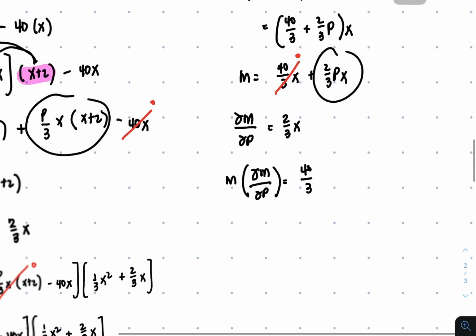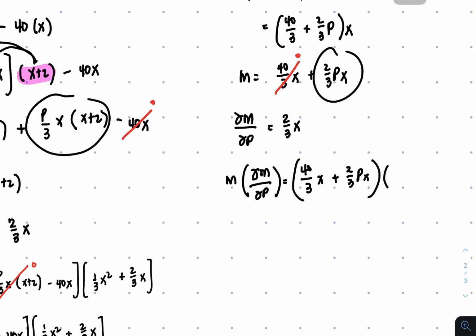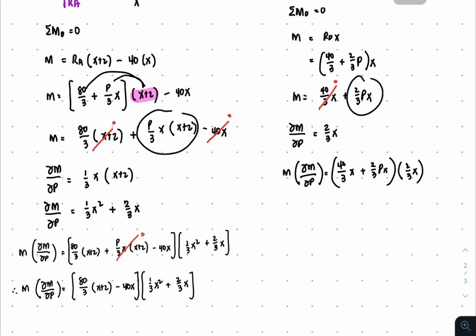Okay, so that's 40 over 3x plus the 2/3 Px. So that's the M times 2/3 of x, for that is the partial derivative. So here we're going to set now all the terms with P equal to 0 there. So that's the final equation.